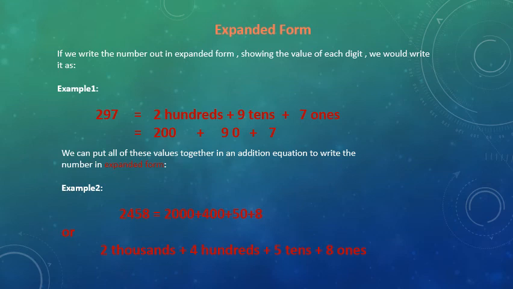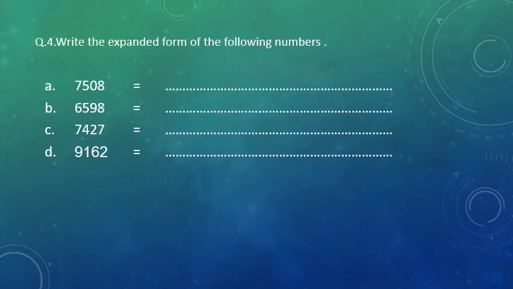So we can write 2000 plus 400 plus 50 plus 8, or we can write 2 thousands plus 4 hundreds plus 5 tens plus 8 ones. Good. So try these questions. Write in your notebook. You can pause the video and solve these questions.